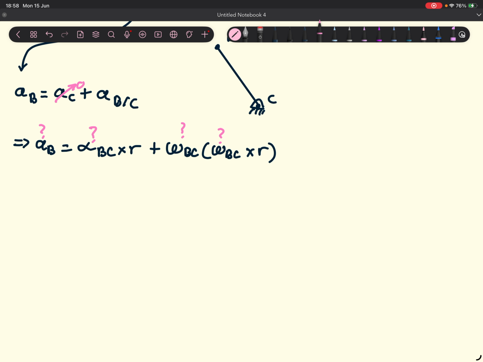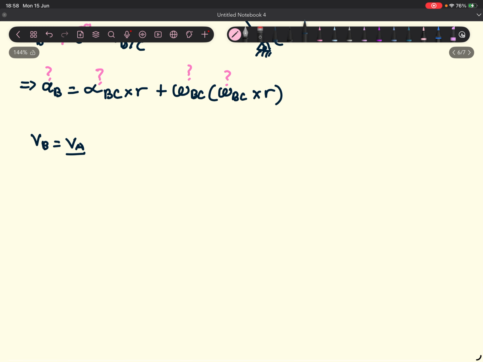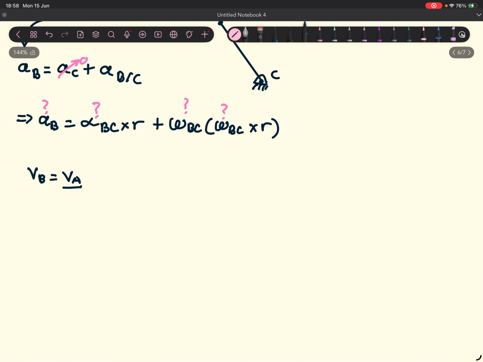So we have 3 unknowns and we have 1 equation, but we do know that VB is equal to VA. And we can solve for VA because we're given the angular velocity in that link. So we can do the velocity problem for link BC.